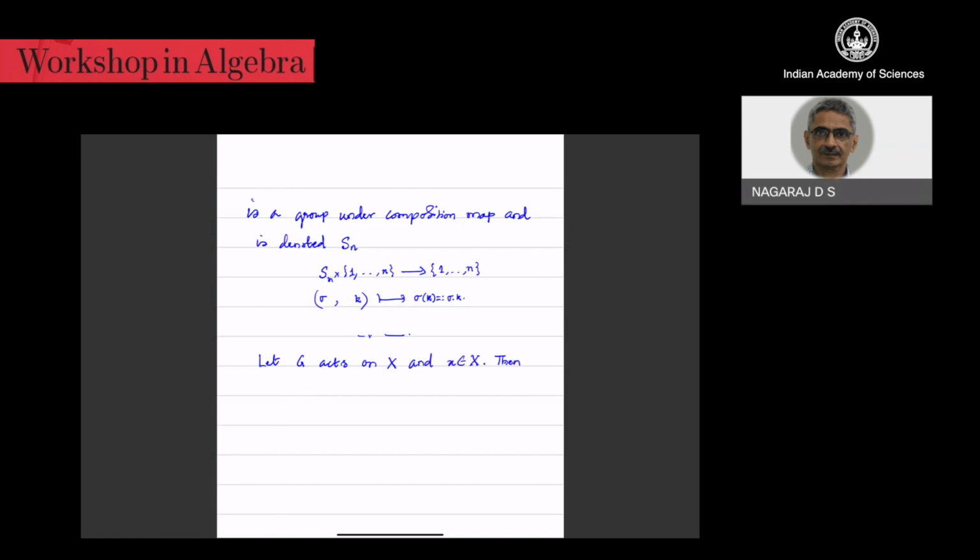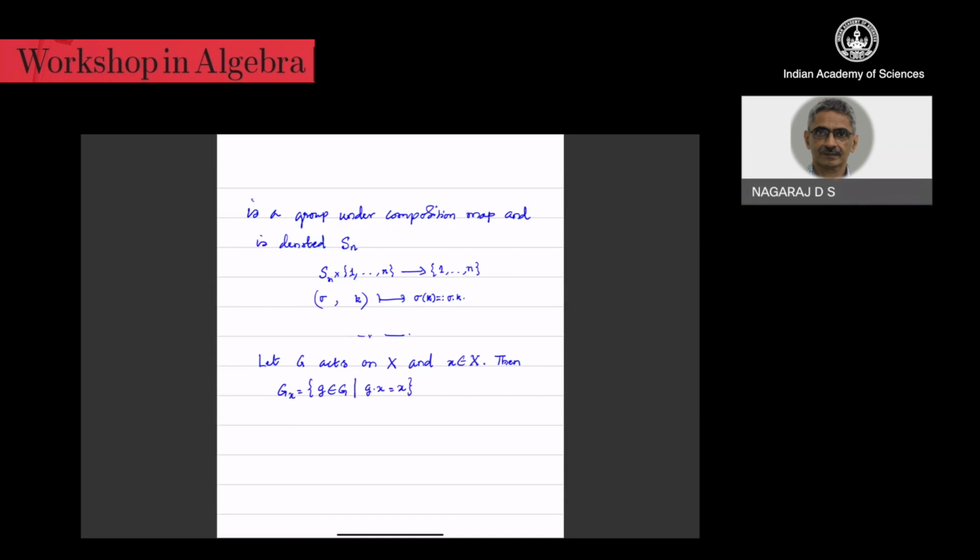Consider Gx equal to the set of all g in G such that g times x equal to x.